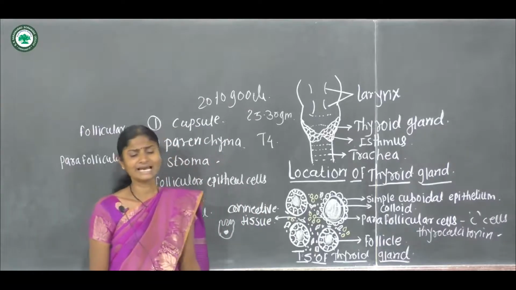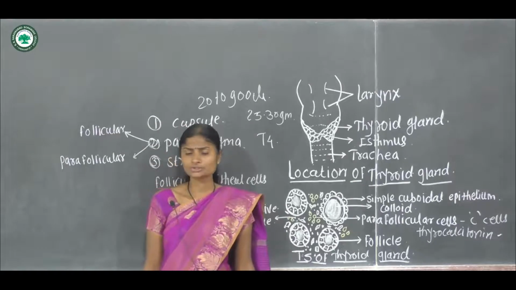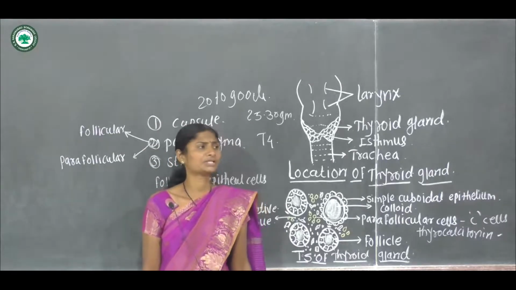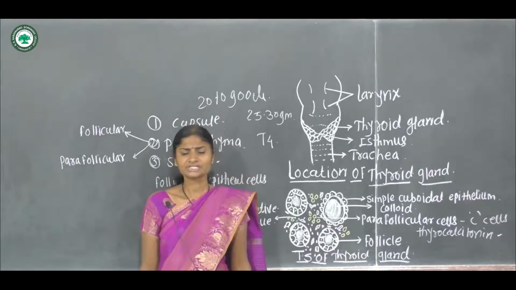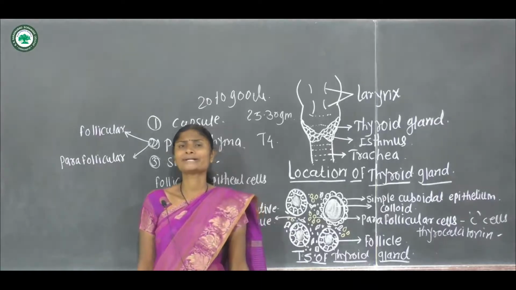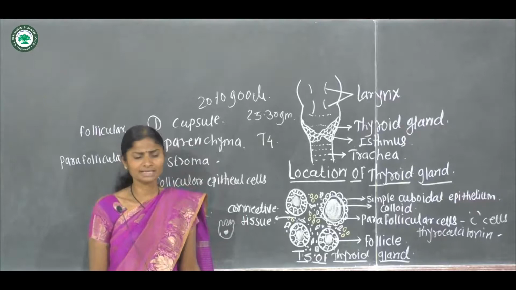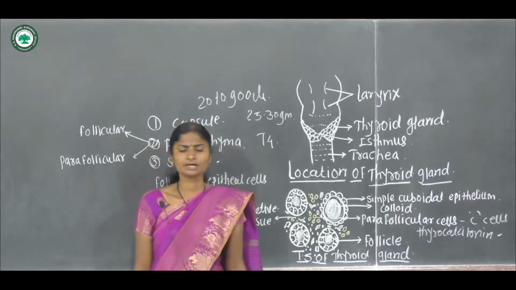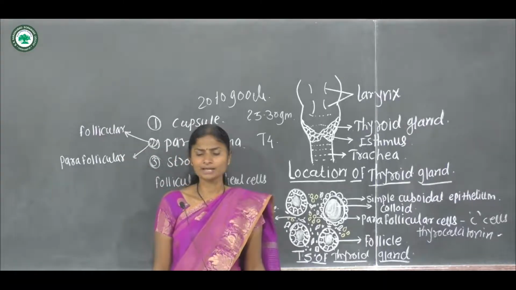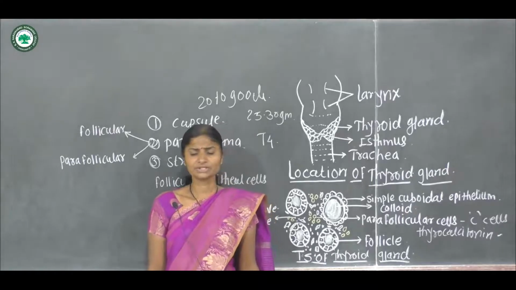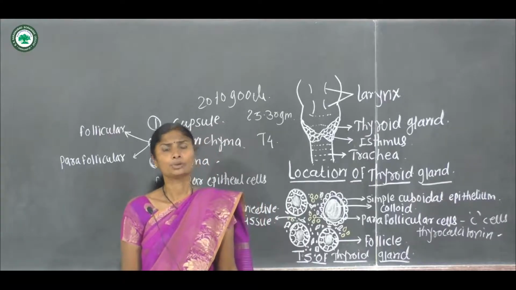When this gland becomes overactive, the follicles increase in size and secrete an abnormal quantity of hormone. It causes swelling of the neck, and the person becomes highly excitable. The metabolic rate increases and the eyes protrude.